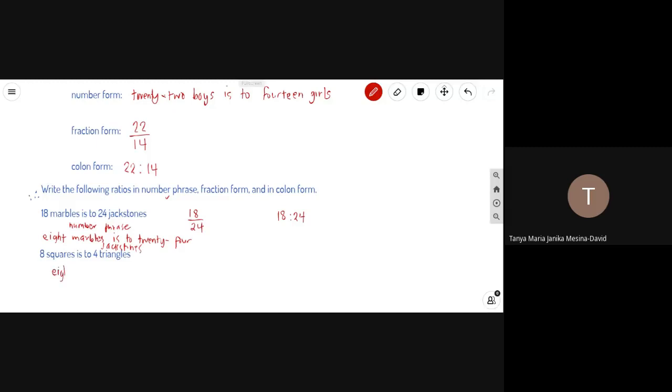It's 8 squares is to 4 triangles. For the fraction form, it's 8 over 4. For column form, it's 8 and then column 4. So this is how we read and write ratios.